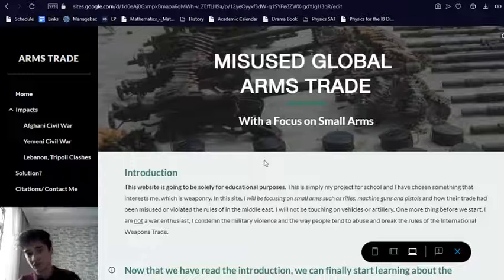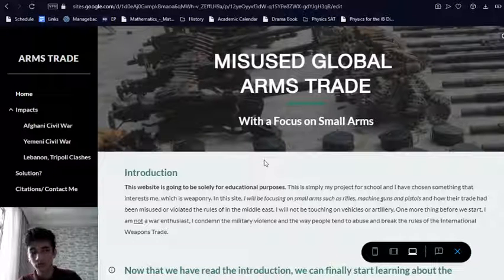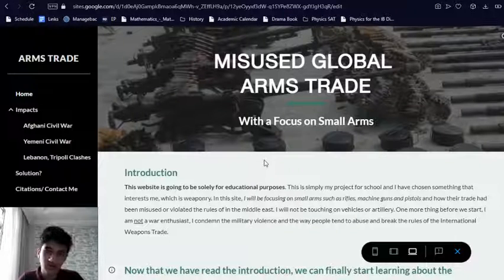Also, there's 1 or 2 American manufacturers such as Colt or Armalite, I'm not quite sure, I've explained it there, which is in charge of giving Iran, again, you know what I'm talking about if you have read the website, which you probably have because you're assessing it.